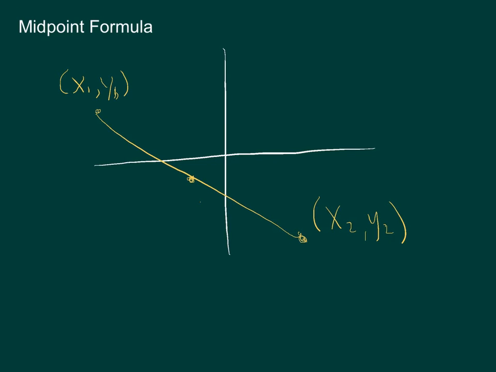So the midpoint formula should kind of make sense. It's this. x1 plus x2 over 2, comma, y1 plus y2 over 2.